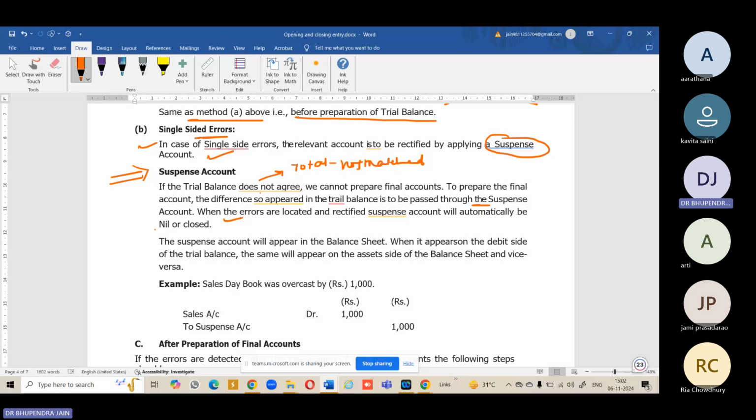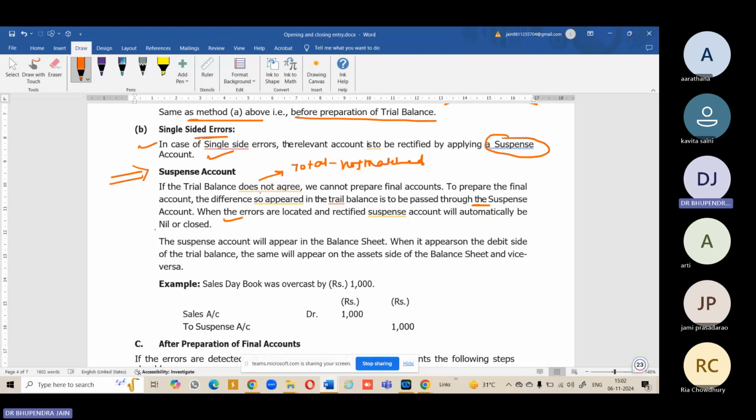Two types we have already studied. First, errors occurring before preparation of trial balance, or errors occurring after preparation of trial balance. When the error occurs before, for a double side error, how to rectify? Pass wrong entry, correct entry, and rectified entry. If single side error, then just adjust in the particular ledger, overcast or undercast.